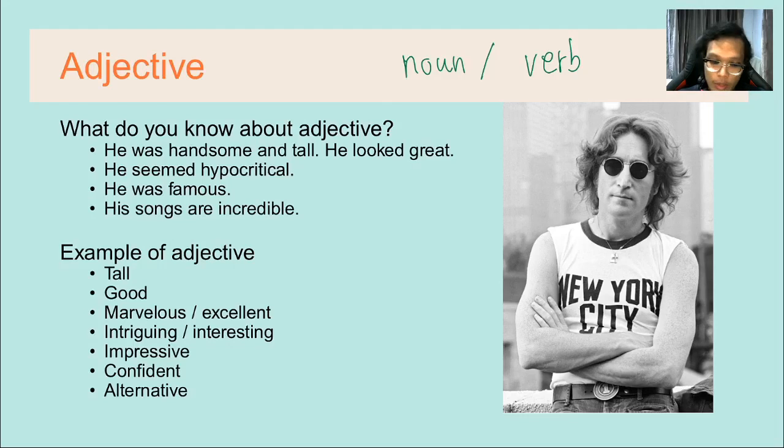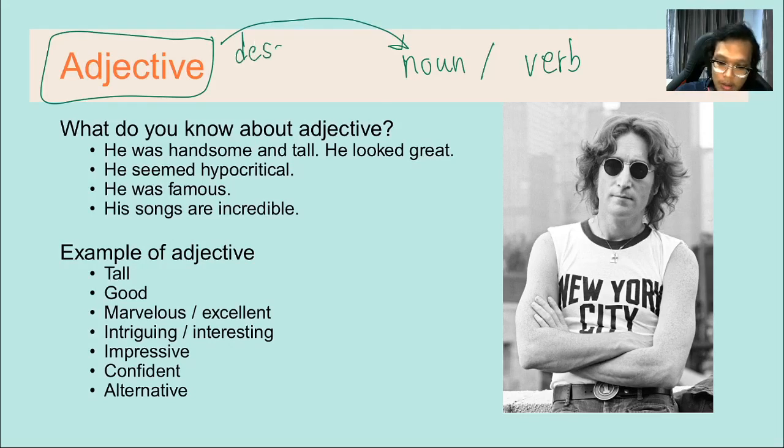So actually, when we use adjectives, we use them to describe nouns. Adjectives describe a noun or nouns. It can be multiple nouns as well. So we use these words to describe a noun or nouns. Okay, so this is what we call an adjective, right?